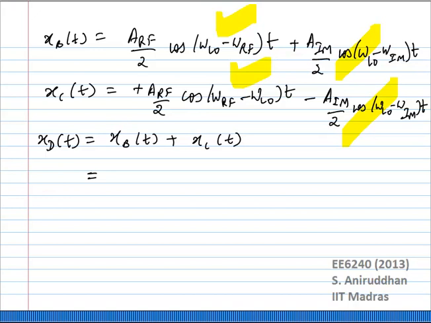So what I get at D is ARF cos of omega LO minus omega RF T. In other words, this 90 degree phase shift has actually managed to distinguish between the RF signal and the image signal.